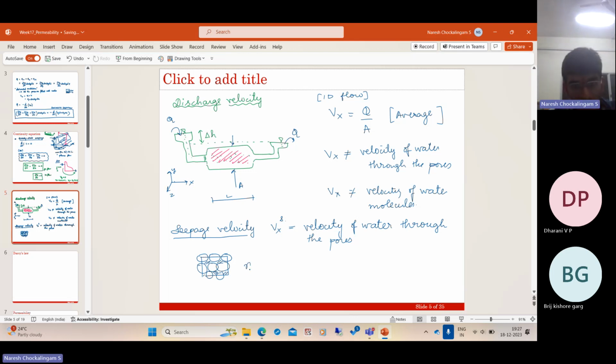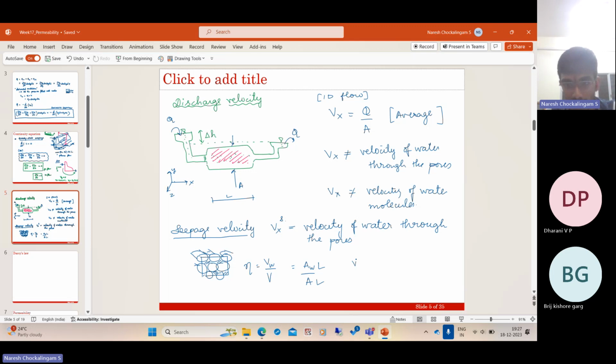Now we know the porosity is, if it is saturated, volume of water by the total volume. Now, if you take the lengths to be the same, if they are prismatic, it's an approximation, it's not exact, then it is nothing but the area of water by the total area into length. Now again, by continuity, the total flow rate should not change.